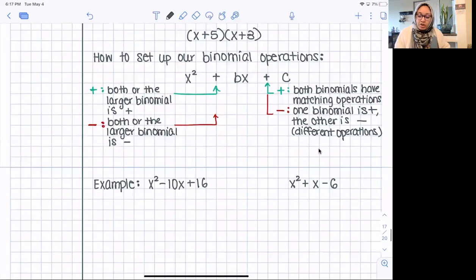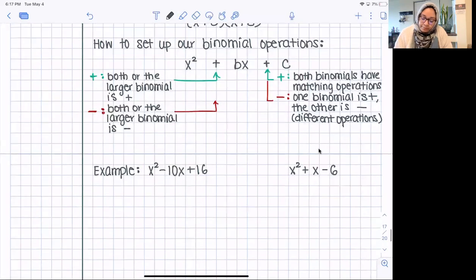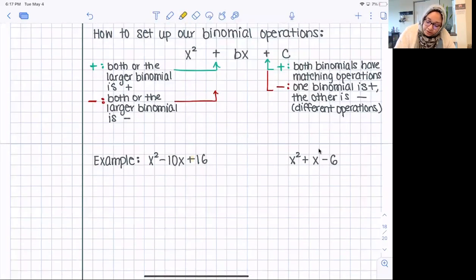Okay? So I'm always going to first, I'm going to move this up. I'm always first looking at my second operation. Okay? According to my notes, if that operation is addition, then both your binomials will have matching operations. All right. So if I set up my parentheses, I'm not even going to look at my numbers first. I know that they should have matching operations.